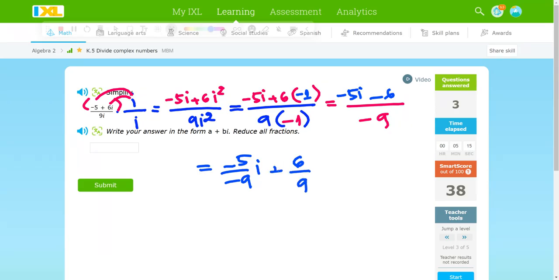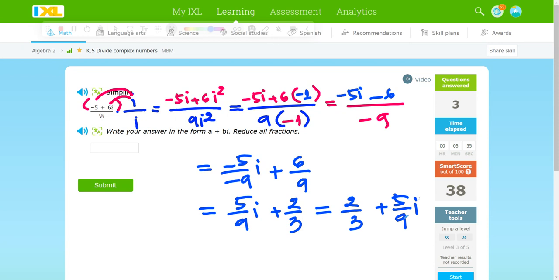Okay, negative become positive, so that becomes positive 5 over 9i. 6 over 9 simplify, that's a 2 over 3. Okay, and now I need to swap the 2 over 3 to go first, and then 5 over 9i in the back.